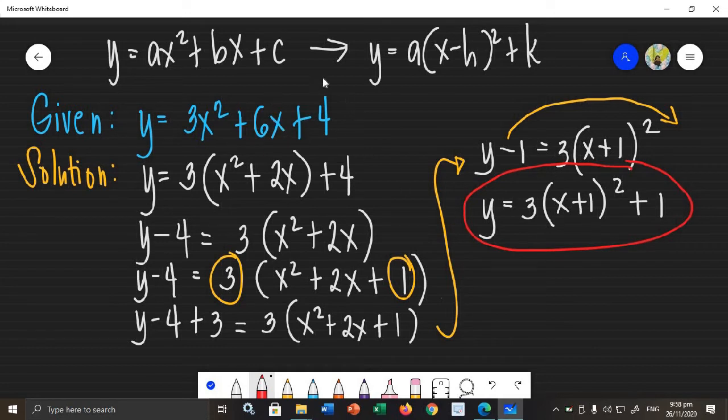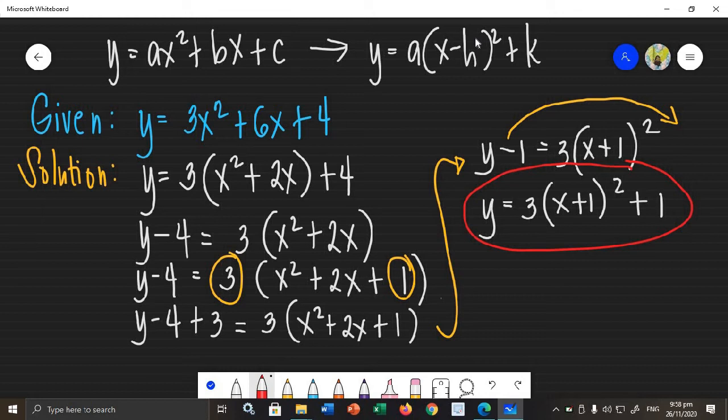Or when you transform this given from standard form, it will become like this. Okay? If you transform it into the new form of quadratic function, the answer is y is equal to 3 quantity x plus 1 squared plus 1. Okay? So now, we are already finished in transforming our standard form of quadratic function into a new form of quadratic function, which is this one.